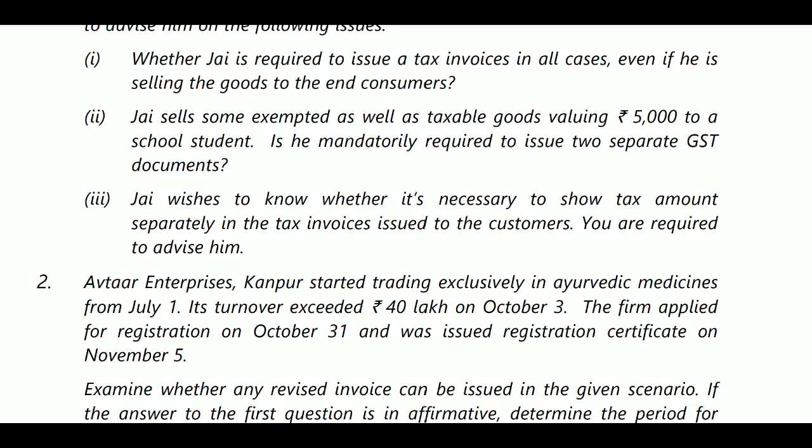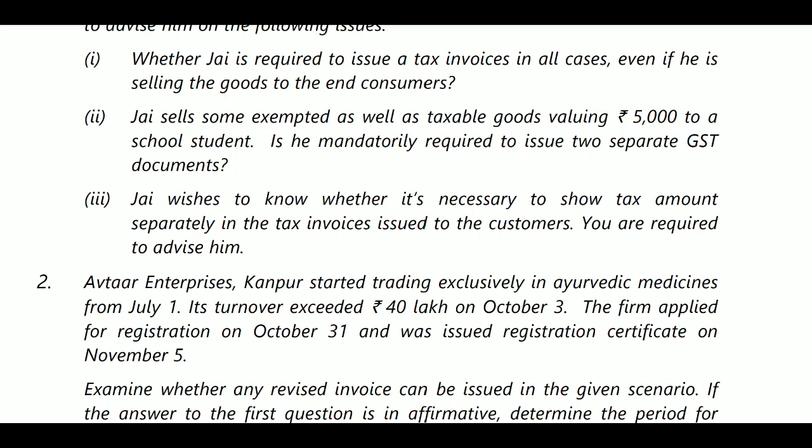Next, second issue. Jai sells some exempted as well as taxable goods valuing 5,000 to school students. Is he required to issue two separate GST documents? So he is providing both taxable as well as exempted supplies to school students, who are unregistered persons.